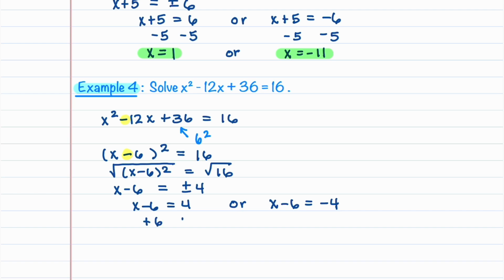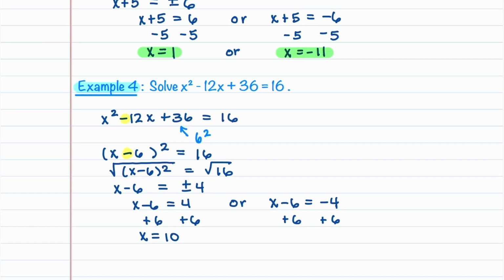We'll add 6 to both sides, and we end up with x is equal to 10. And then for our equation on the right, we'll again add 6 to both sides, and we get that x is equal to 2. Let's go ahead and highlight these. Oh, and I forgot our or. We'll put that in. Our solutions are x is equal to 10 or x is equal to 2.